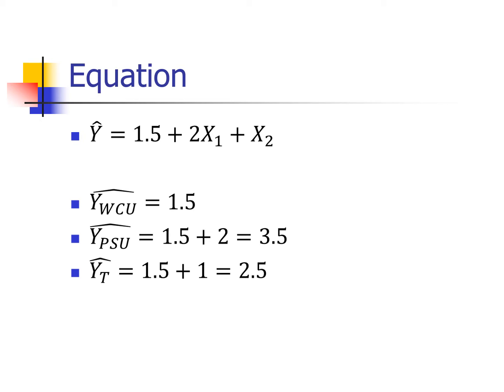Now, just like we did before, when we were looking at GPA, salary, and gender, we could take that macro equation, that global equation, and write it as three specific, micro equations. If you're from Westchester, then x1 and x2 are 0, so you just get 1.5.